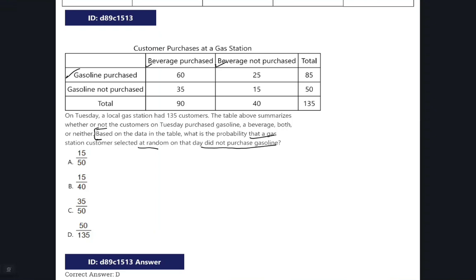Based on the given information, we need to select a customer on that day and get the probability that, whether he purchased a beverage or not, he purchased gasoline or not.